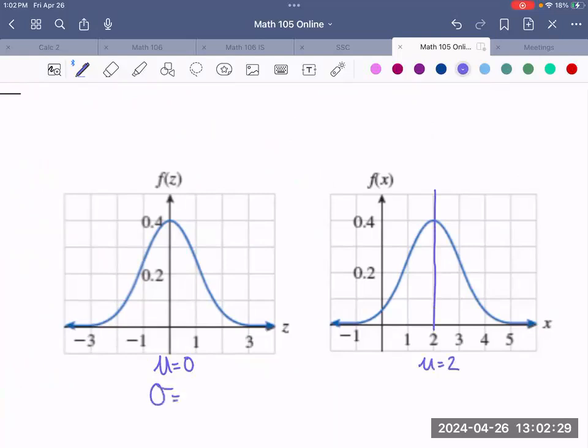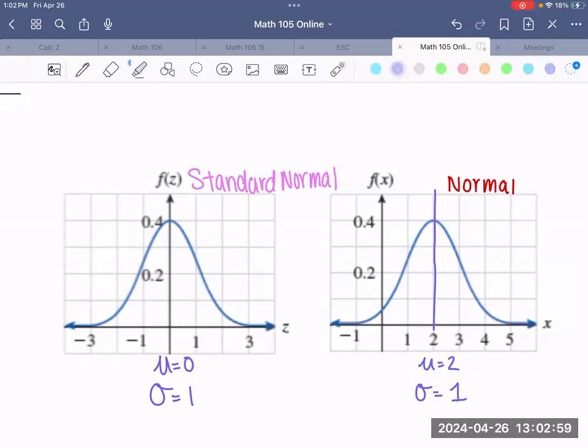This one has a standard deviation of 1. And this one also has a standard deviation of 1. However, it does not have your mean at 0. So this one is considered still normal. Well, this one is considered standard normal. So it has all of the qualifications, including your standard deviation.